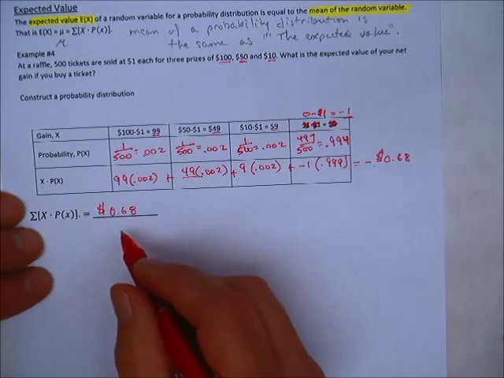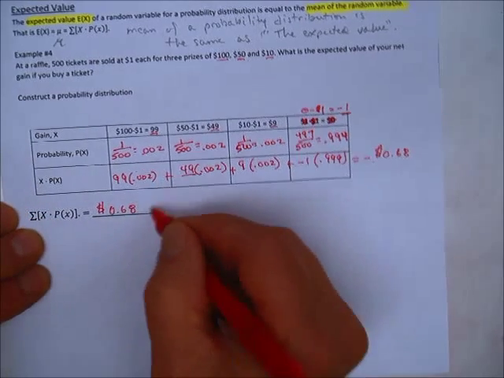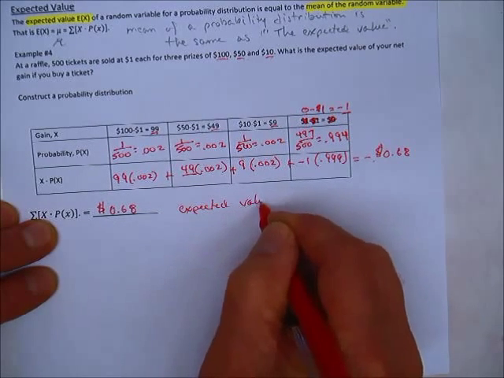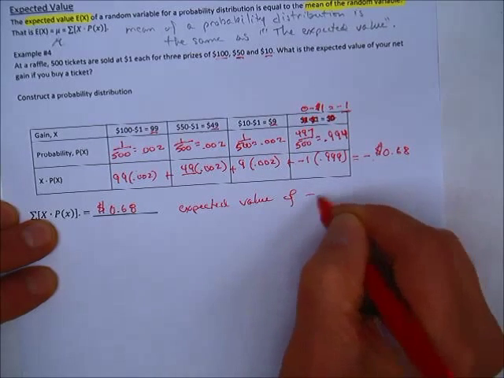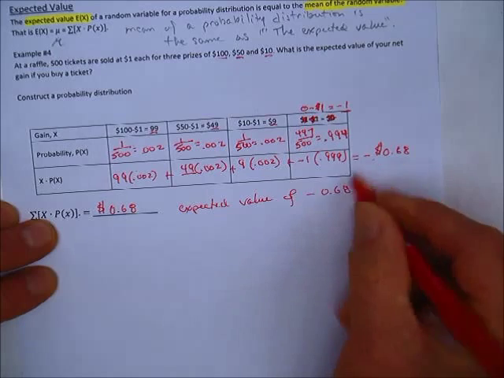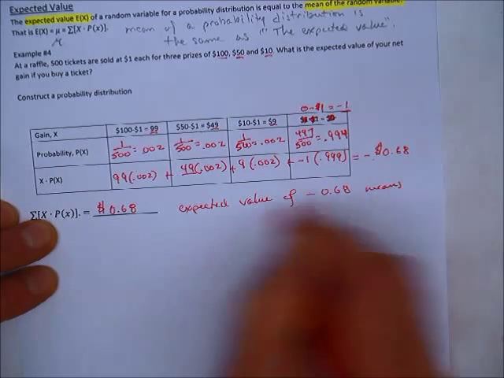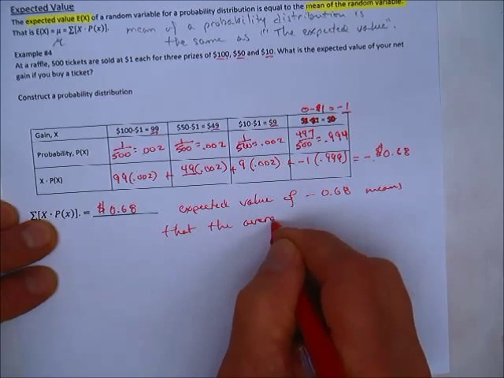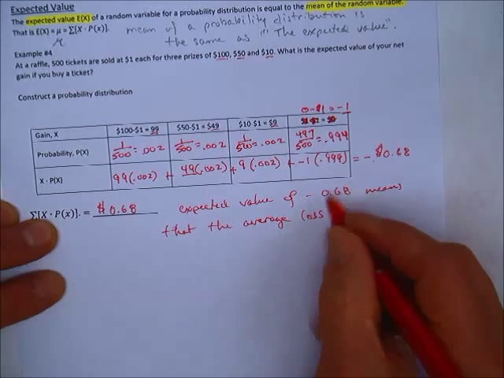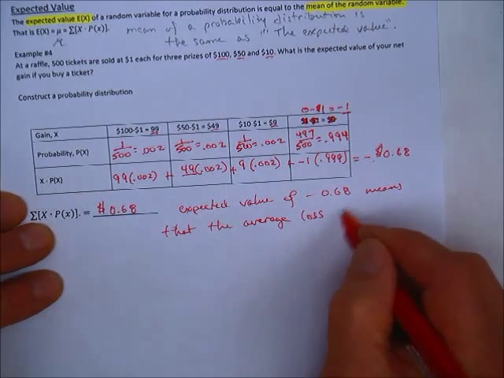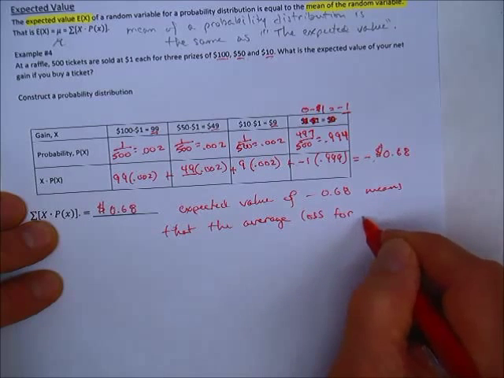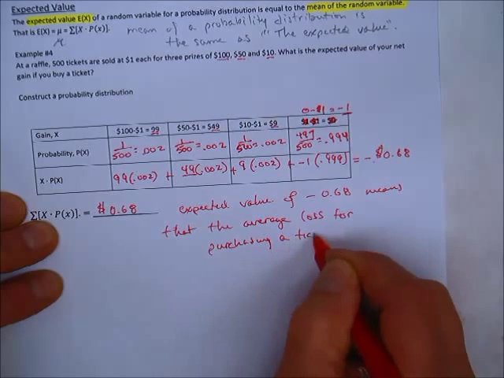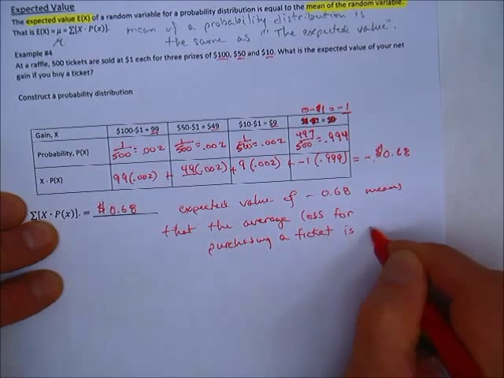So an expected value of negative $0.68 means that the average loss for someone buying a ticket is 68 cents.